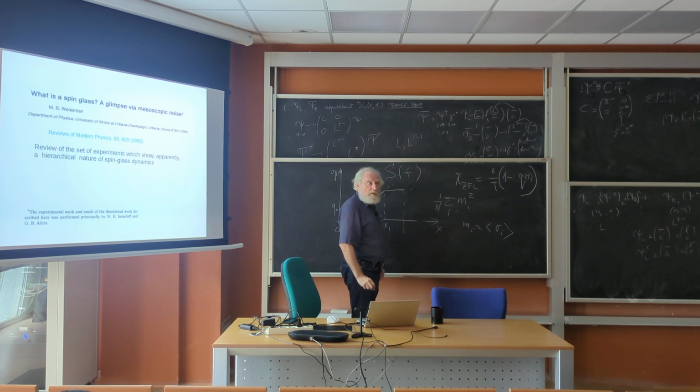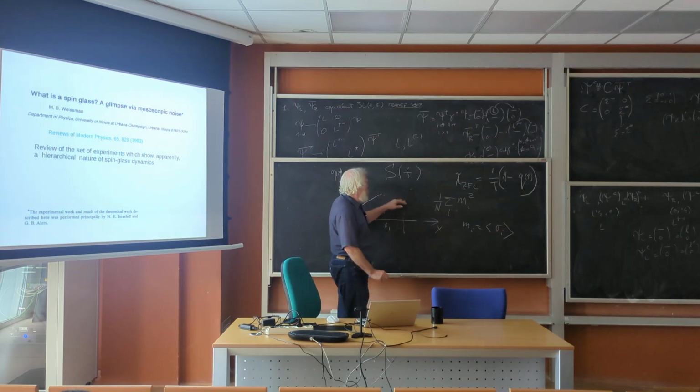But when you measure it for a long time, you see that this function itself is not just stationary. When you measure it during different intervals, you find something different. So this thing itself also fluctuates.